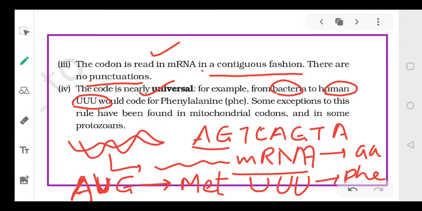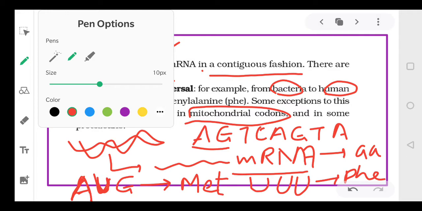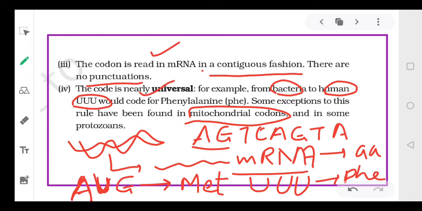That is why we call this code universal. But a few exceptions have been found in mitochondrial codons. Rest will be followed everywhere.